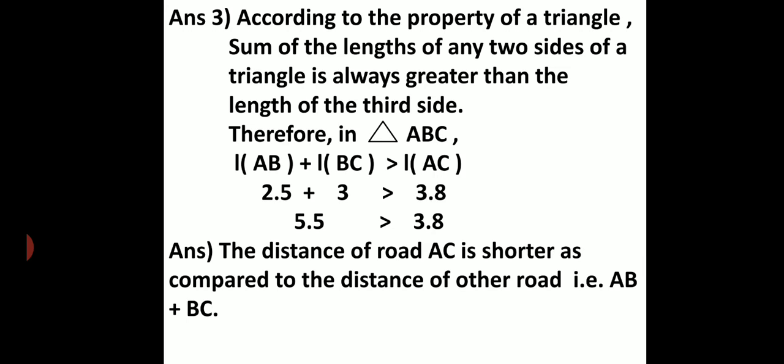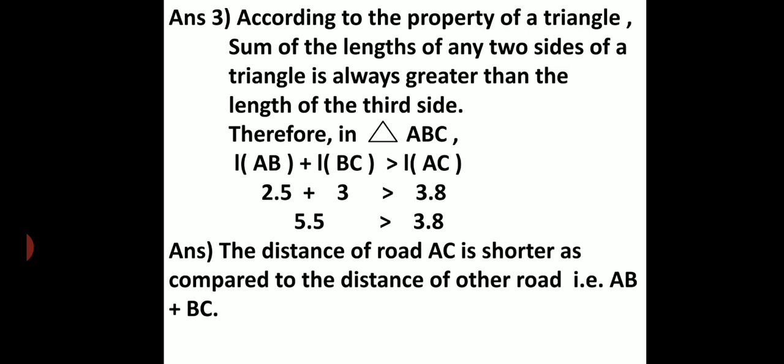Fine. So the solution begins, children, that is, according to the property of a triangle, the sum of the lengths of any 2 sides of a triangle is always greater than the length of the third side. So you need to write the property because that is the reason you're justifying.